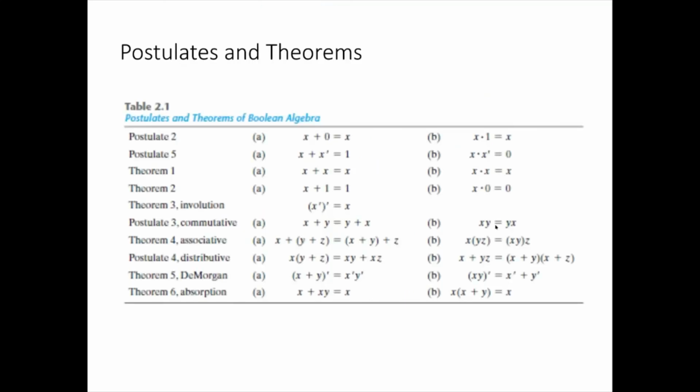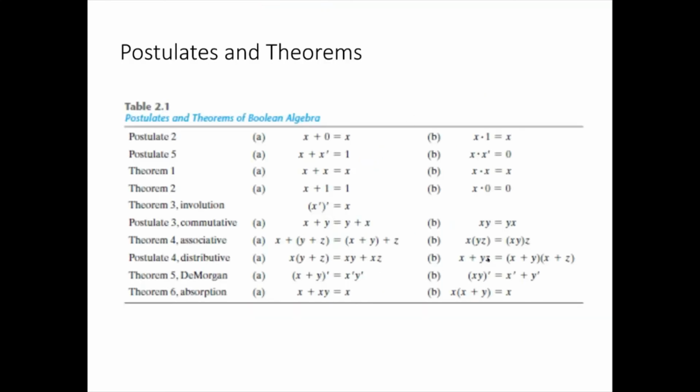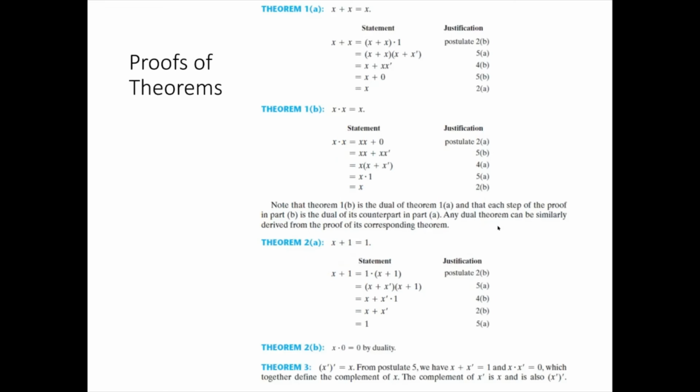Okay, so for the next one, you'll see we use postulate 4b, okay? It's x or (y AND z). So this is just an AND operation, all right? In this case, you can substitute x for y, right here.